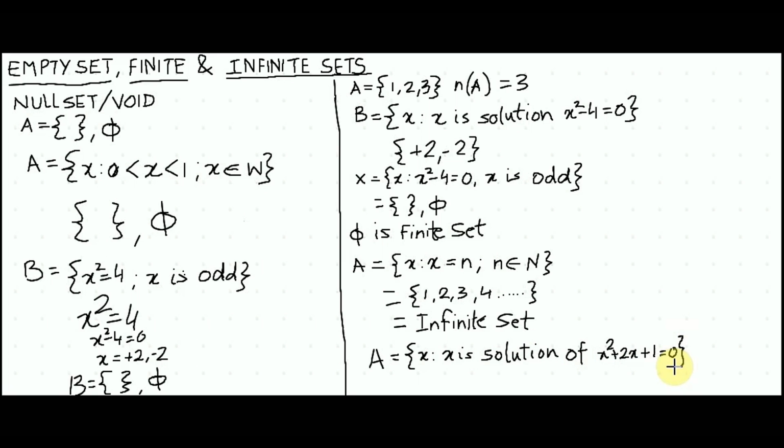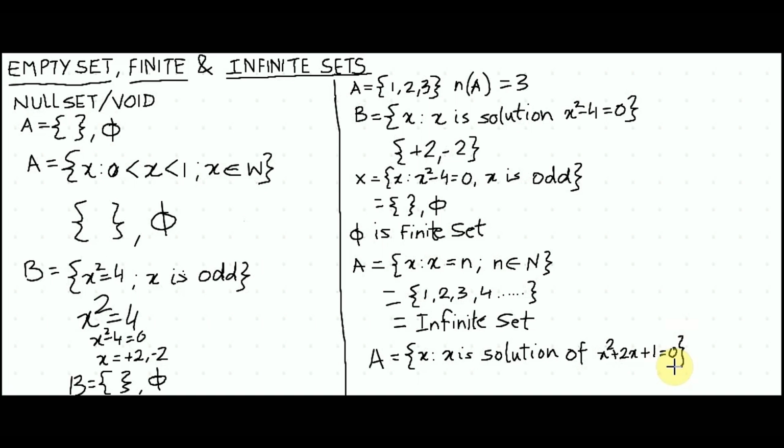So is it a finite set or an infinite set? We all know that the equation x square plus 2x plus 1 is a quadratic equation, and it will have only two solutions, either real or imaginary, which we can calculate after finding the solutions.